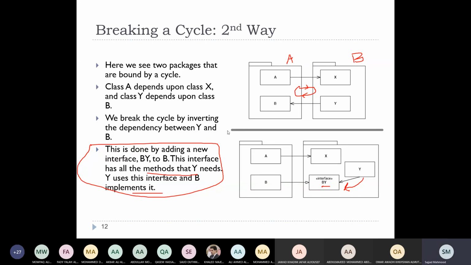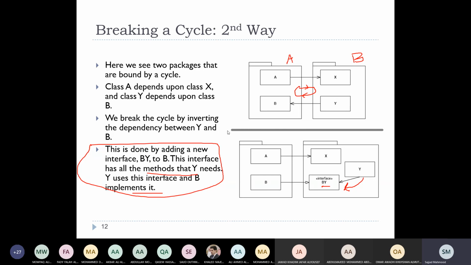So these are the two different solutions, and you can always think of many others. These are the two common solutions: if you have cycles, one solution is to split the packages, and the other is to start creating interfaces. With the help of interfaces, you segregate the direct dependencies, and as a result, anything behind the interface becomes a black box.